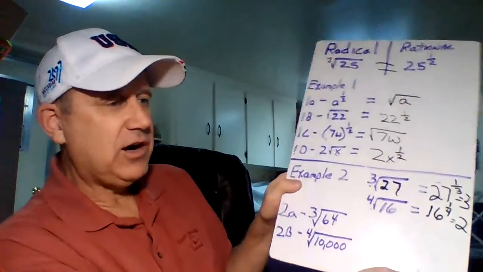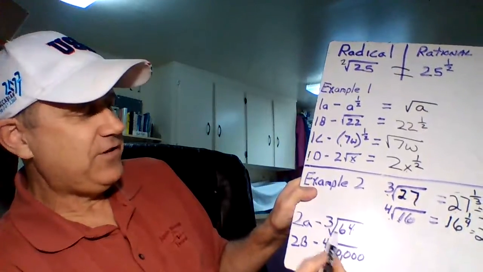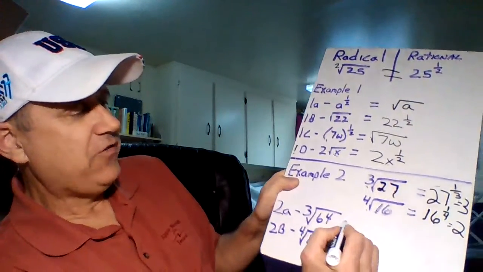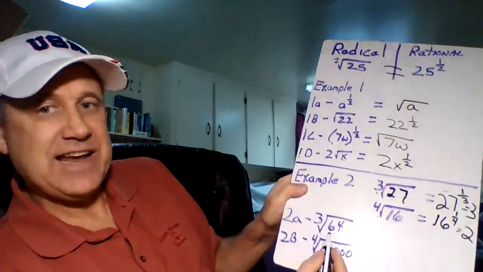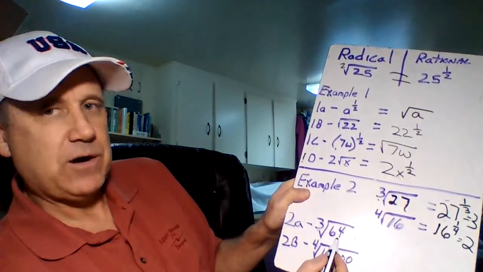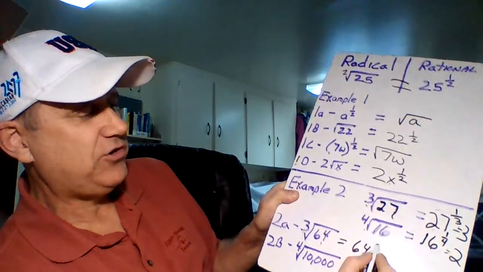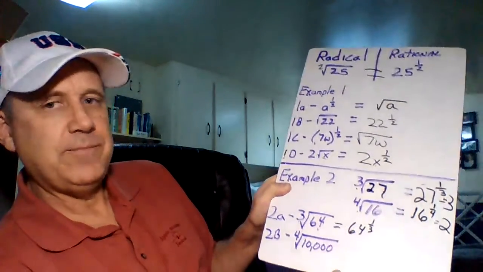So here we have our guided practice. If we have 64, if we rewrite that, this is like saying, what number to the third power equals 64? Well, we could write that as 64 to the 1/3.